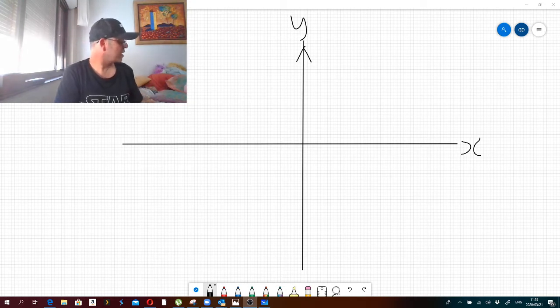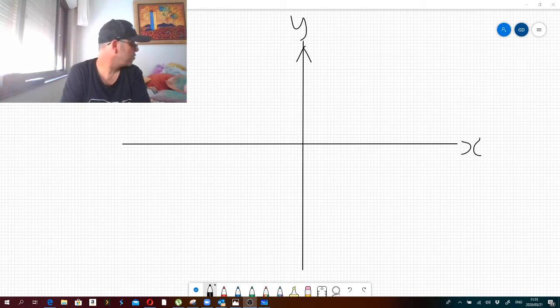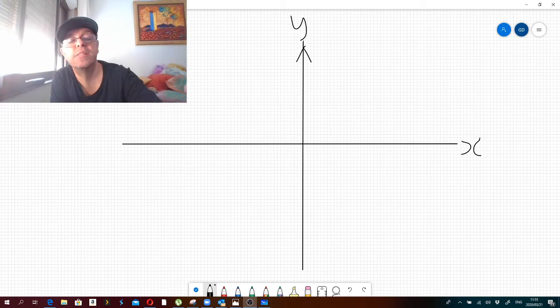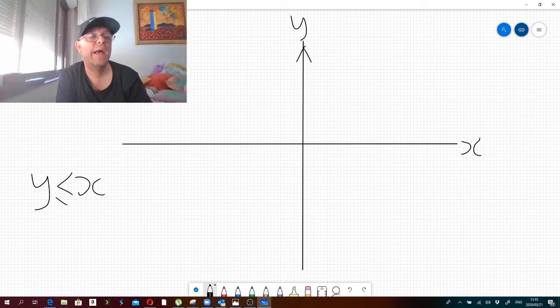In exercise 14.3, they give you question 1 there, and they ask you to draw on the graph 3 of these inequalities. Now the first one they want is y is less than or equal to x. Well, let's write that here quickly. Y is less than or equal to x. If we made y equal to x, what kind of line is that?